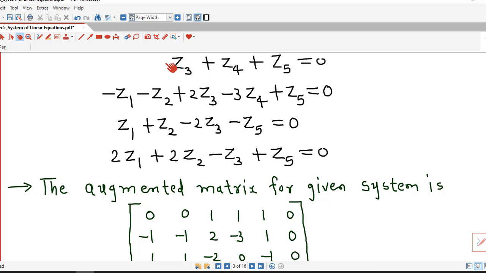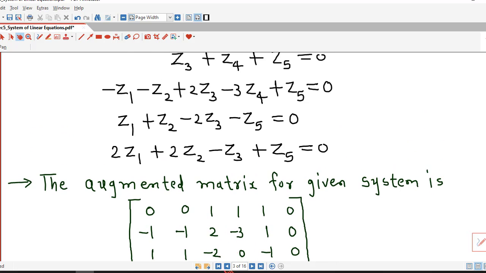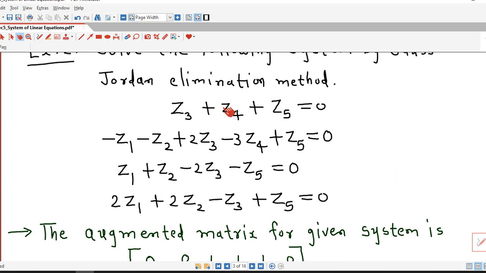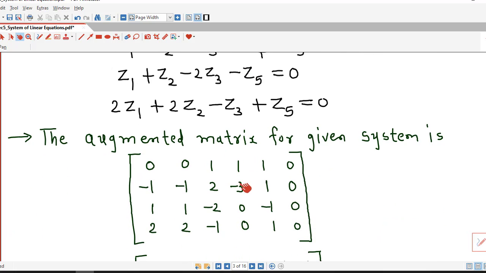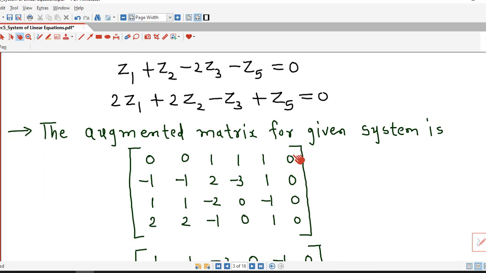Z3 has coefficient 1, here 2, 1, 2, -2, -1, 1, 2, -2, -1, and the coefficients of Z4 are 1, -3, 0, 0, 1, -3, 0, 0, and the coefficients of Z5 are 1, 1, -1, 1, and all the constants on the right hand side are 0. So now we have to convert this matrix into reduced row echelon form.